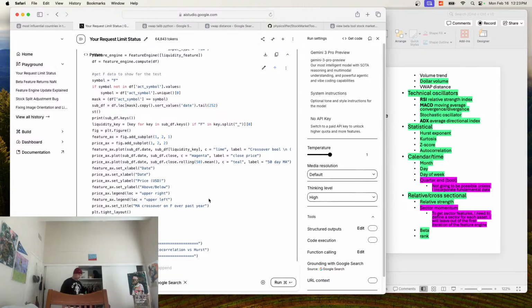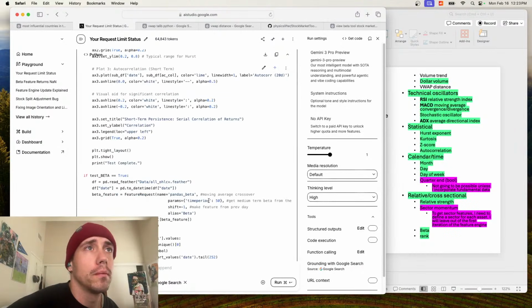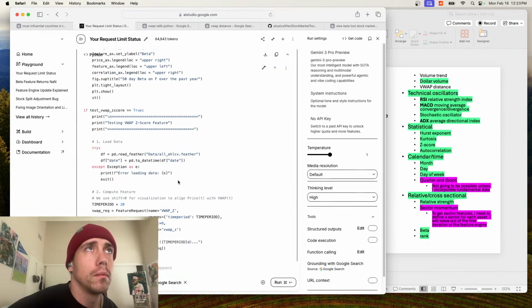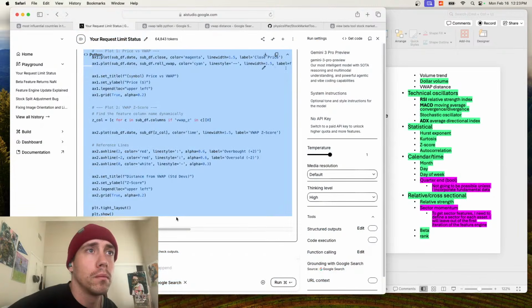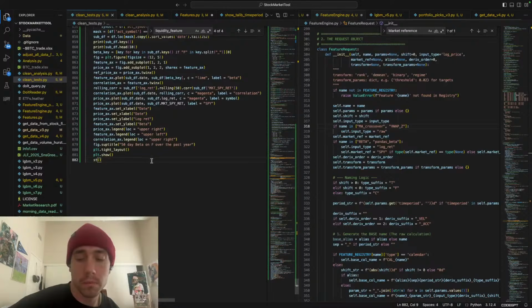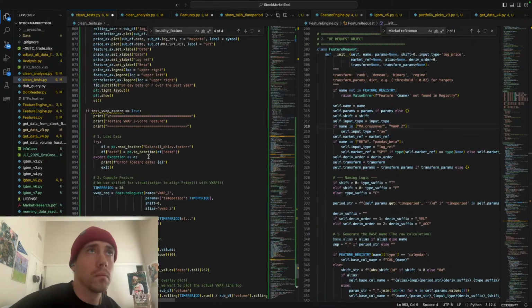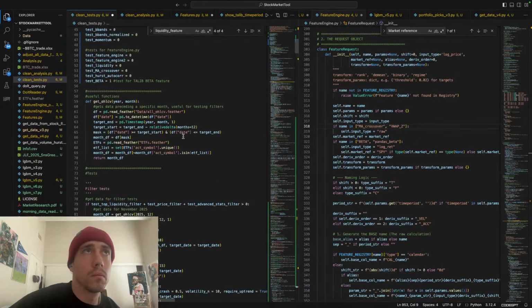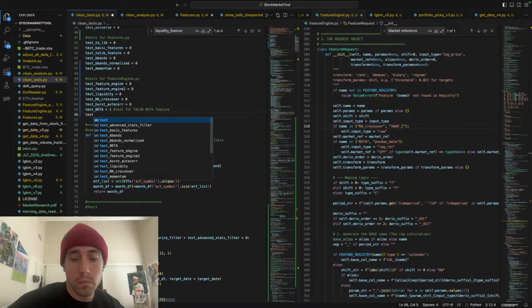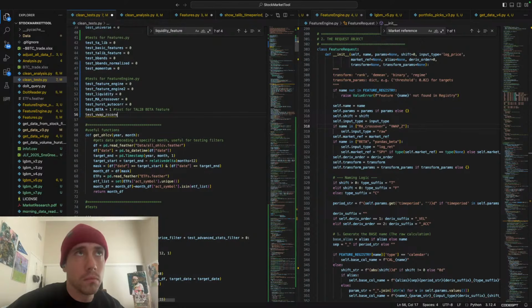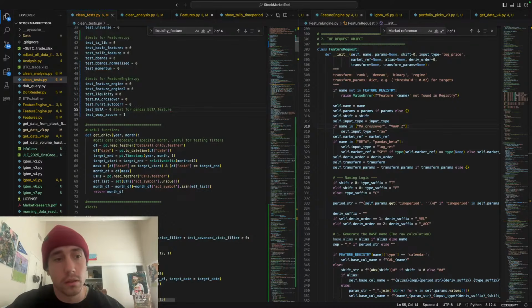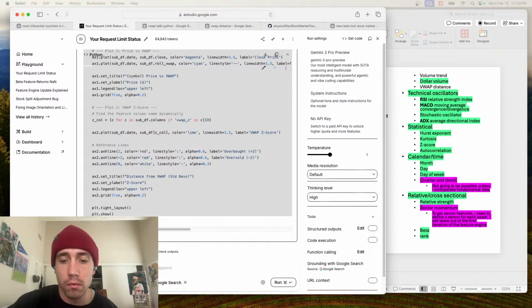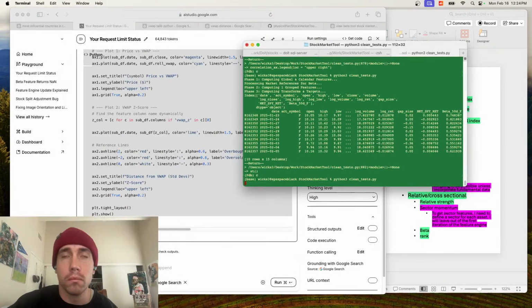Look at the cash amount. Alright, let's see if this works.